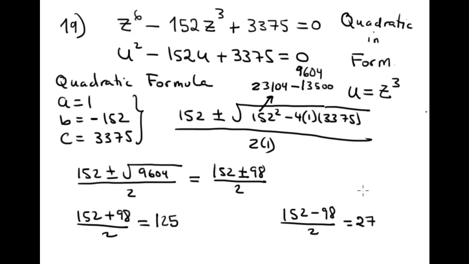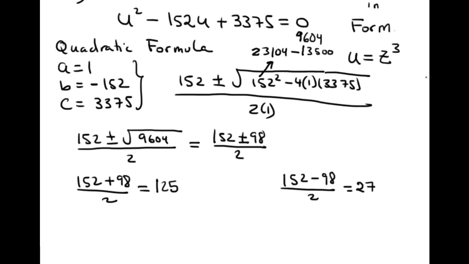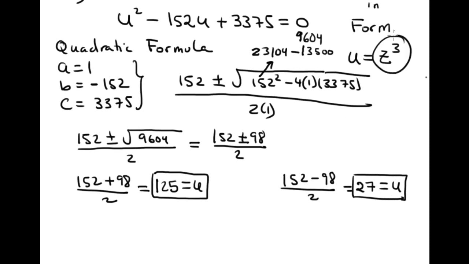Okay, therefore so far we have u equals 125 and u equals 27. But this is not the value of the original variable, which is c.